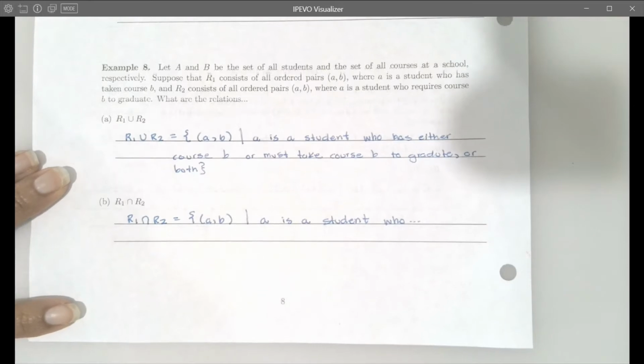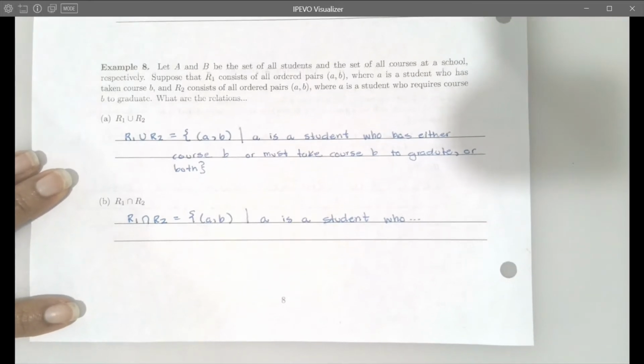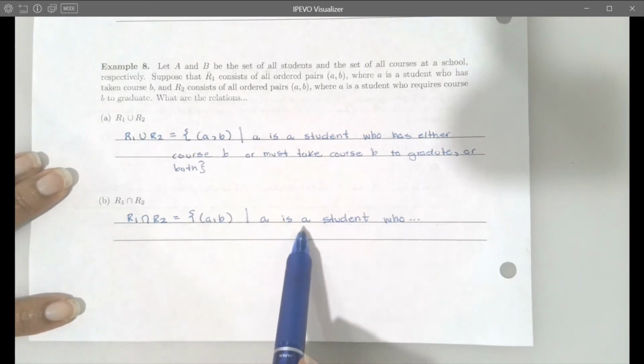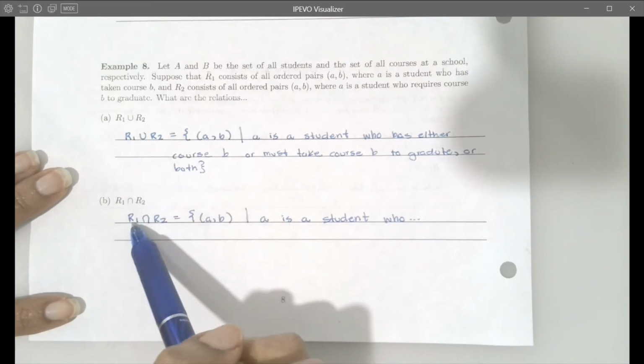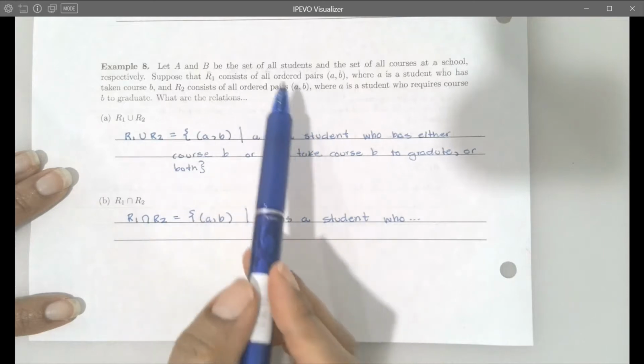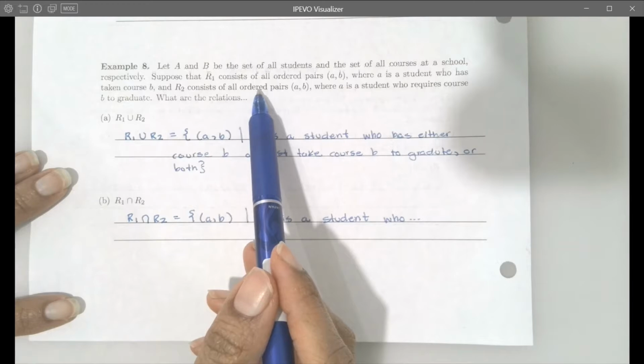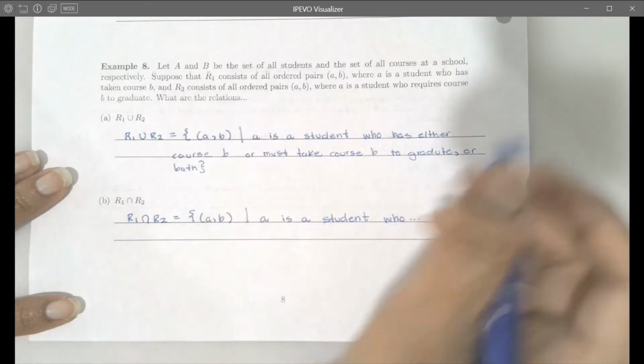Okay. Now part B is the intersection, so that means that it consists of all ordered pairs (A, B), where A is a student that satisfies that they are both found in R1, so that they have taken course B, and they have to take course B in order to graduate.